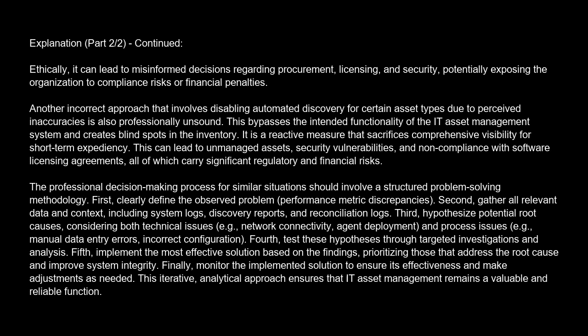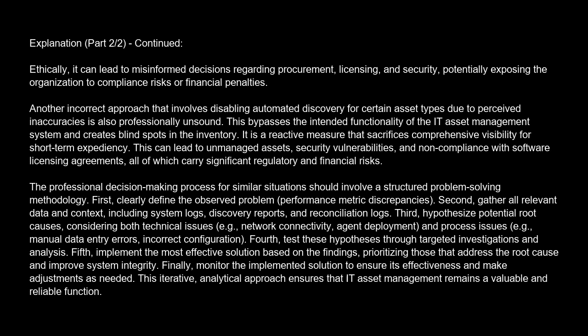First, clearly define the observed problem, performance metric discrepancies. Second, gather all relevant data and context, including system logs, discovery reports, and reconciliation logs. Third, hypothesize potential root causes, considering both technical issues, e.g., network connectivity, agent deployment, and process issues, e.g., manual data entry errors, incorrect configuration.